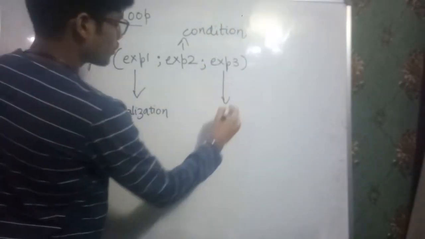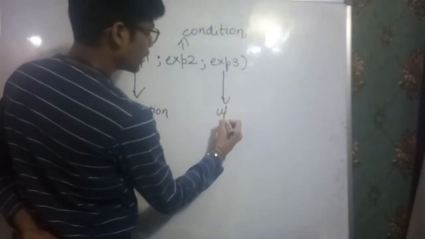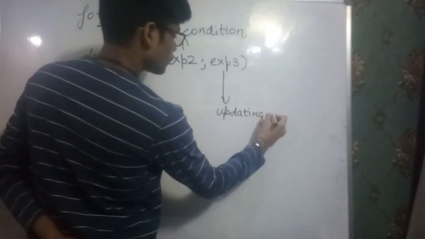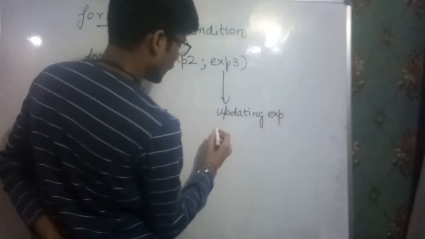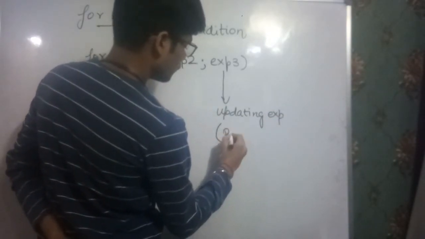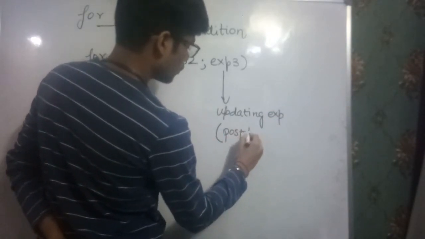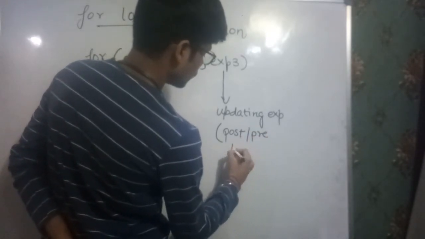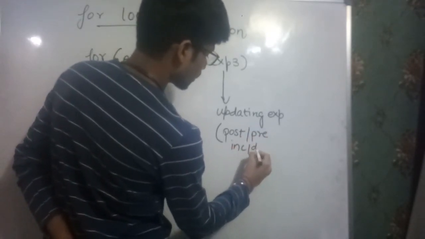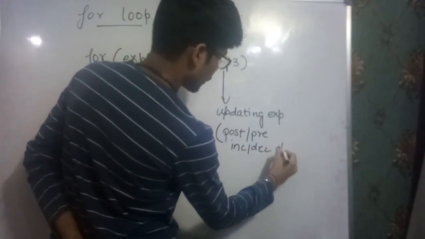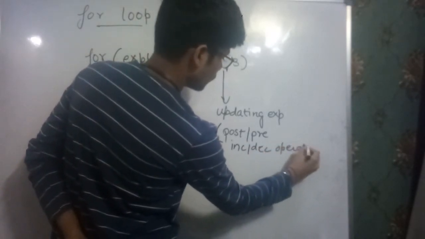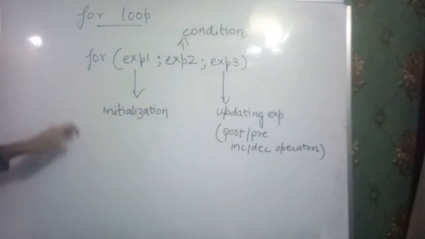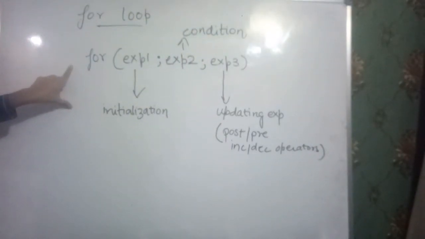And third is for updating an expression, like post or pre increment, decrement operators as per the requirement. So this is the basic syntax of the for loop.